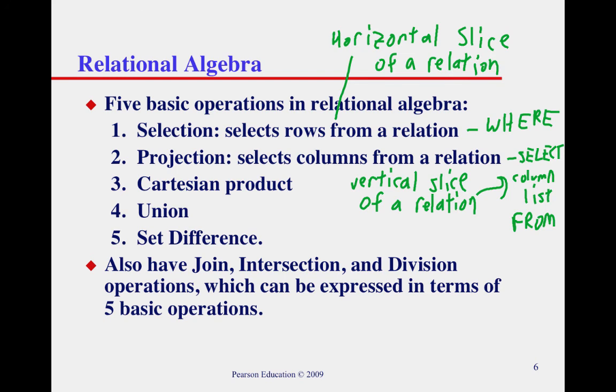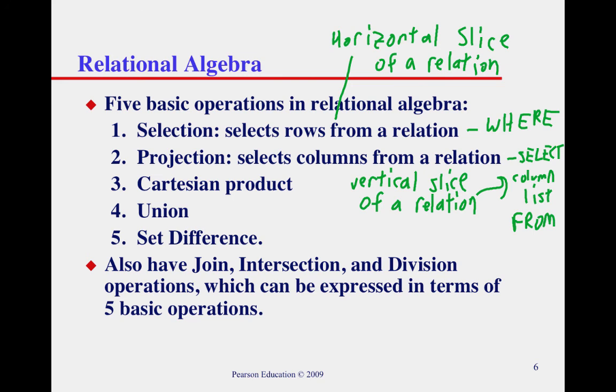Third operation is the Cartesian product. Remember, that's essentially just taking all combinations of tuples from two relations and putting them together. Union is the fourth, set difference is the fifth. Notably missing from this list of 5 basic operations is a join, which is seemingly a fundamental operation, but in fact, you can get it from Cartesian product and selection. We'll see that in a moment.